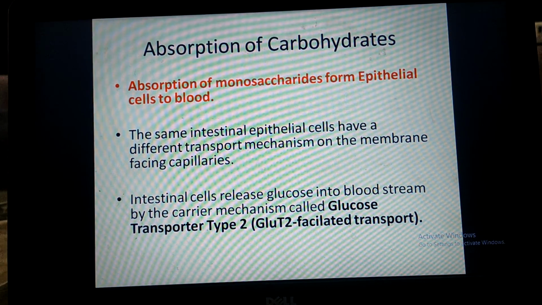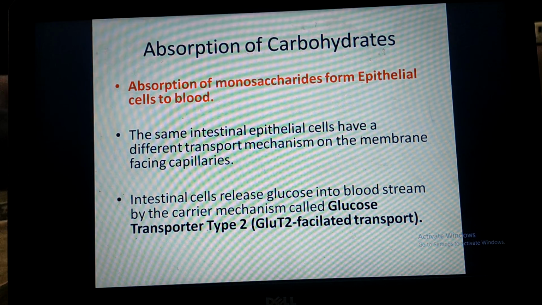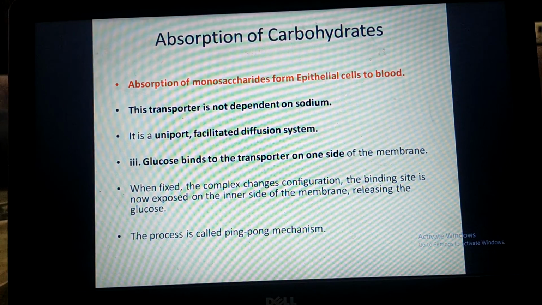Same, glucose transporter 2 present on another side of the epithelial cell will transport the monosaccharides from the epithelial cell to outside the epithelial cell. Transport by glucose transporter 2 is not sodium dependent, it is uniport, facilitated type of diffusion.